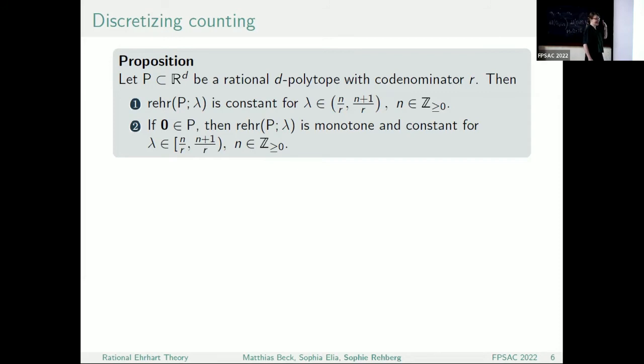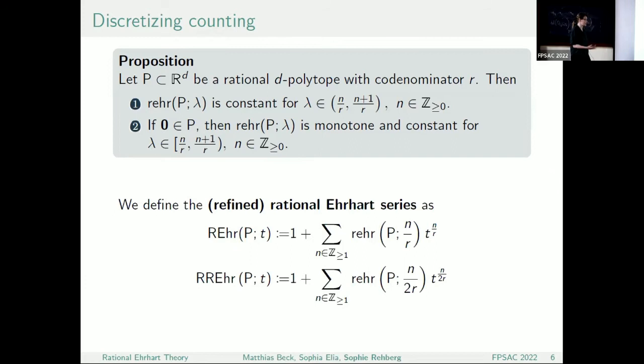And that's nice. That's why we don't really care whether we want to do rational dilates or real dilates, because we only have to look at some intervals. And we are back to looking at actually discrete data again, right? And now we can define the rational Ehrhart series and the refined rational Ehrhart series.